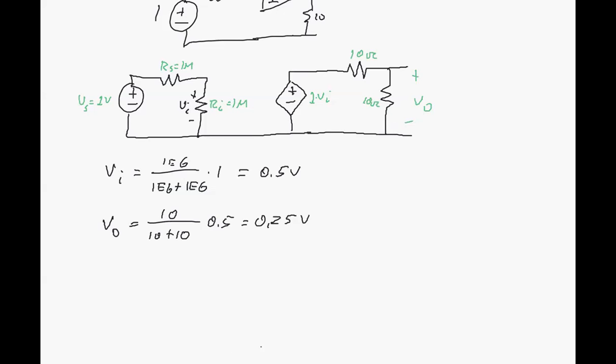So that's much better. We've still lost, but we haven't lost anything like what we had. So we actually now have a voltage gain of V out over Vs is equal to 0.25 over 1, and that's 0.25 volt per volt.